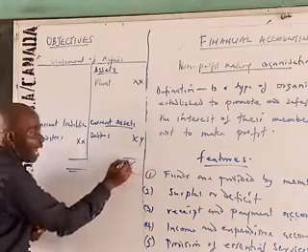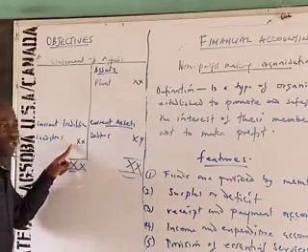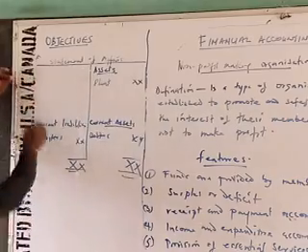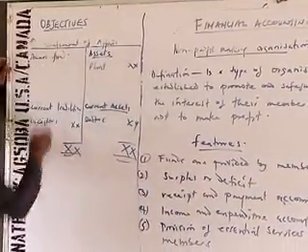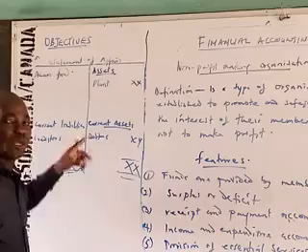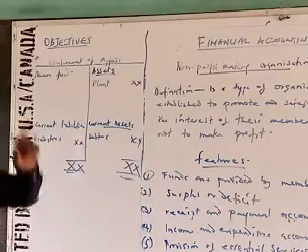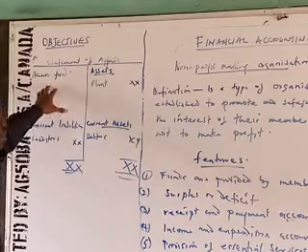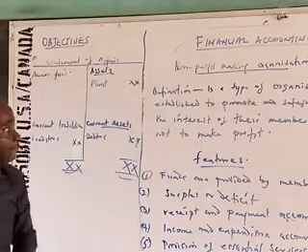By the time you add this side together and deduct what you have on this side from what you have on this side, what we are looking for in this account is called accumulated fund. In a non-profit organization, we will not call it capital, so that we can differentiate it from the profit-making organization. That's why we call it accumulated fund. So what you are looking for in your statement of affairs is the accumulated fund.